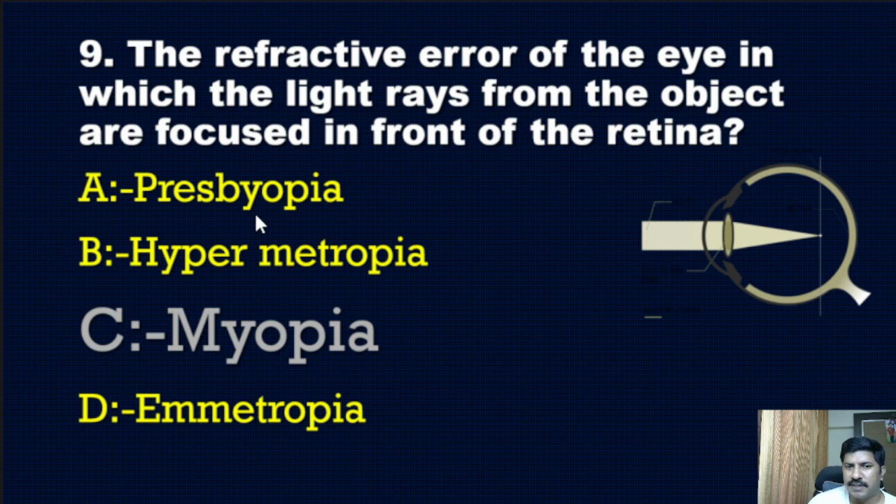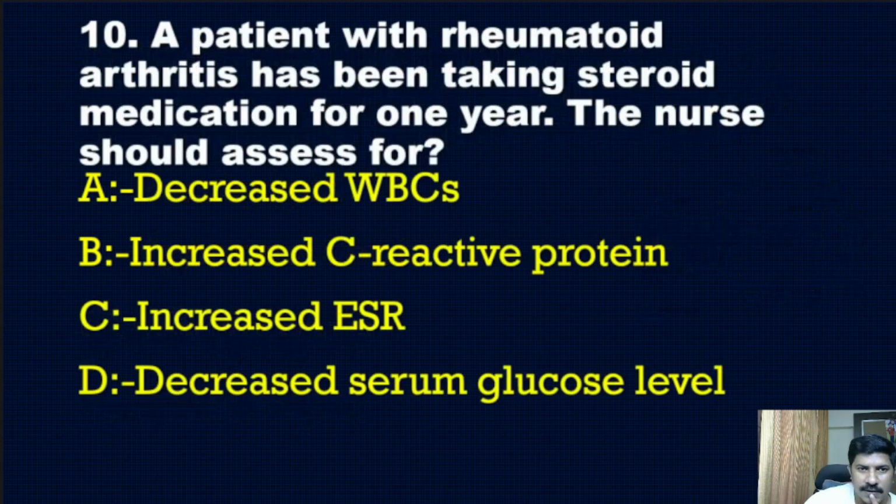In hypermetropia, the light rays focus behind the retina. In myopia, the light rays focus in front of the retina. Emmetropia means normal vision, in which the light rays will focus on the posterior part of the retina.